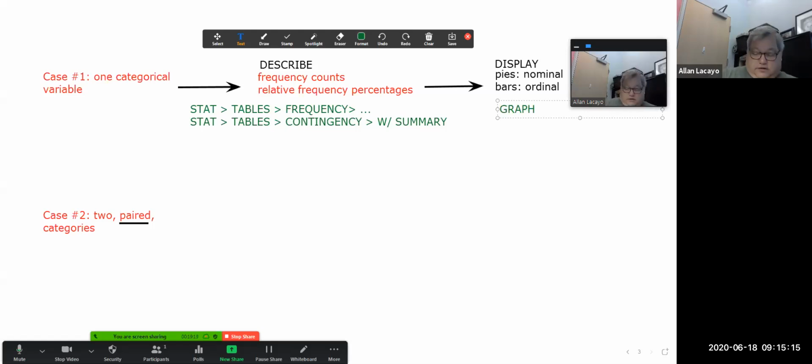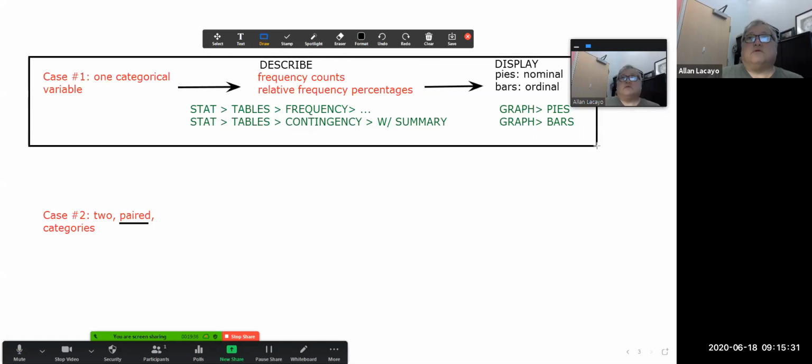So we're going to learn how to graph pies, and we're going to learn how to graph bars. So that'll be one set of activities that we'll engage in, in a separate video. That'll be called the case 1 video.